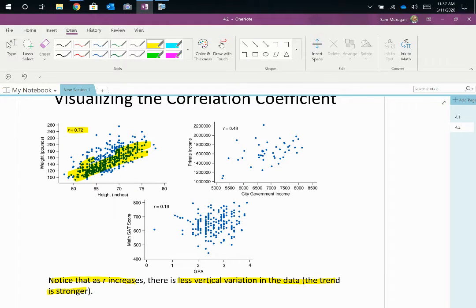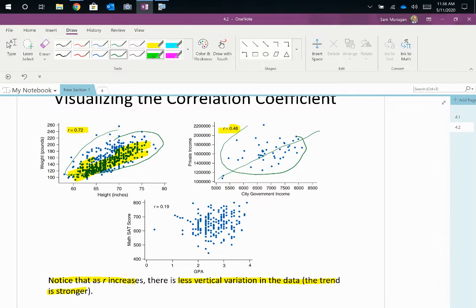In the second case, a correlation coefficient of 0.48 indicates that there is a positive correlation, but the variation on both sides is greater than in this case here where it's smaller. In other words, the trend is weaker.